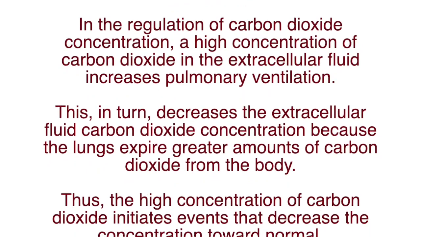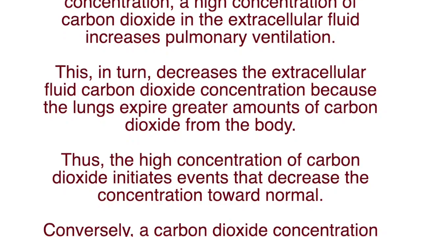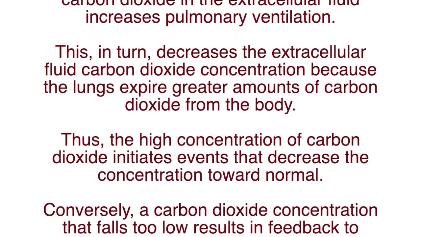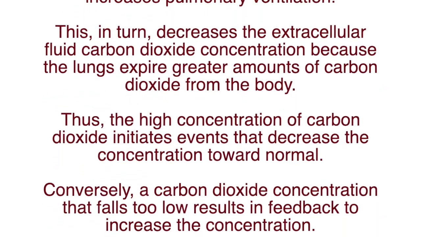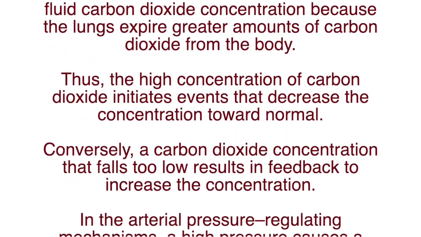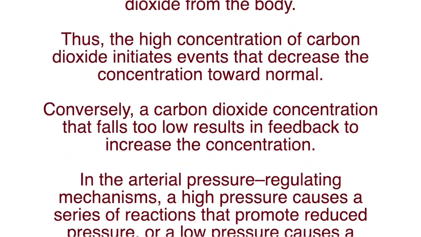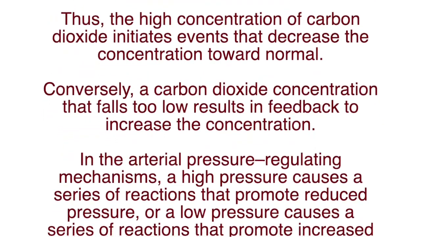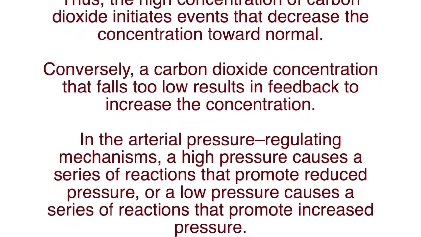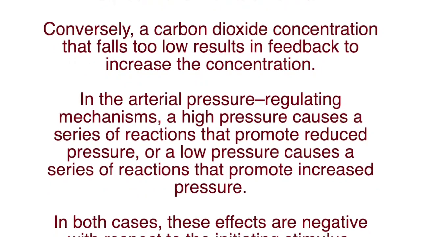This in turn decreases the extracellular fluid carbon dioxide concentration because the lungs expire greater amounts of carbon dioxide from the body. Thus, the high concentration of carbon dioxide initiates events that decrease the concentration toward normal. Conversely, a carbon dioxide concentration that falls too low results in feedback to increase the concentration.